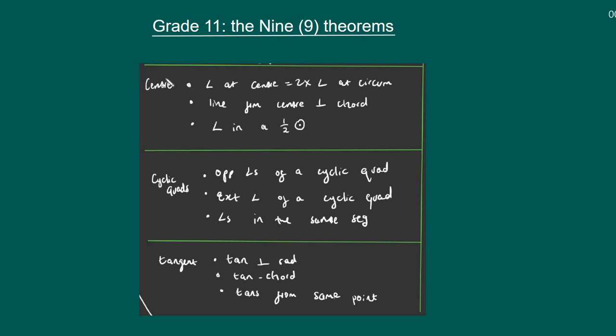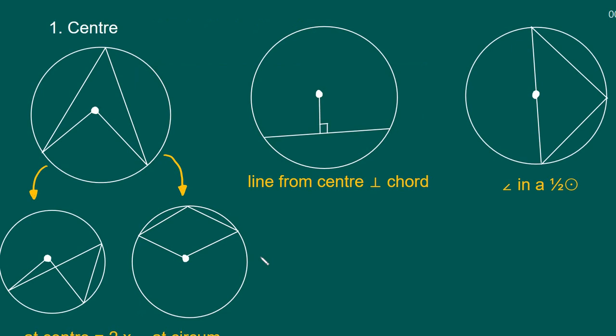I group them into theorems that are talking about a center, and then theorems that are talking about cyclic quads, and then theorems that are talking about a tangent. If you are able to group them like that, believe me guys, you will be okay. So first of all, talking about a center. Now when we're talking about a center, here are your three theorems that are talking about a center.